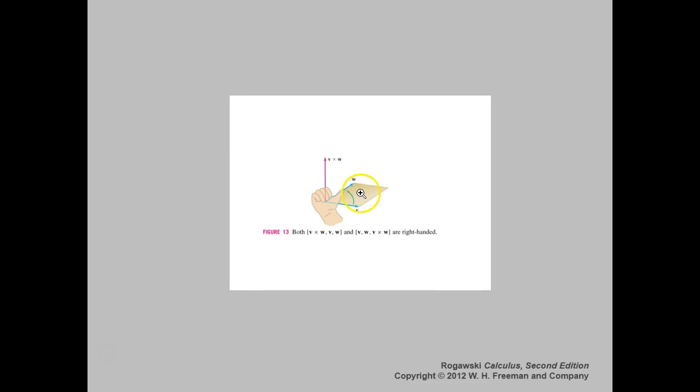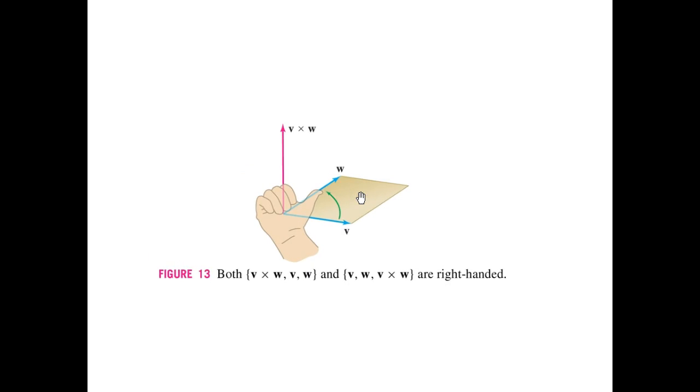Let's see what that says. V, W, and V cross W are right-handed. Of course they are.